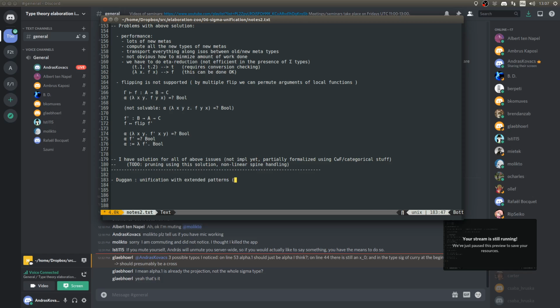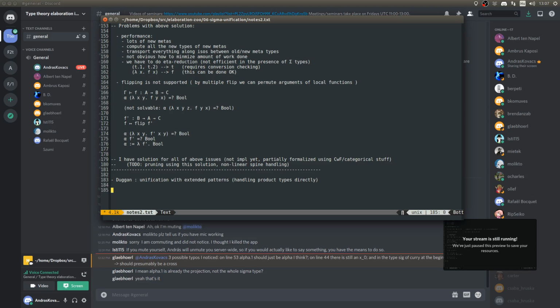And this tries to handle product types directly. So this is a paper about handling product types directly without having to transform everything along these isomorphisms.